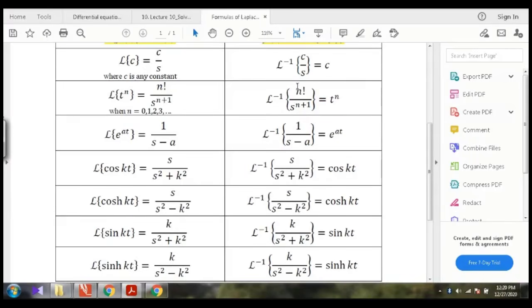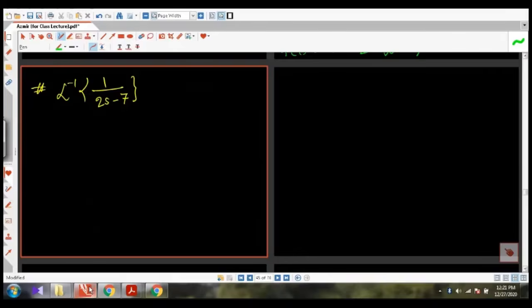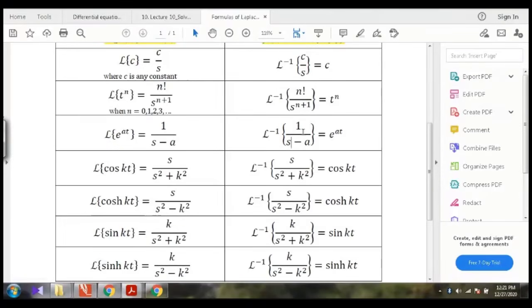So here you can see the problem that we have, 1 over 2s negative 7. Which formula does it go with? Try to check. In the denominator we have constant s, n factorial over s power n plus 1, and 1 over s minus a.